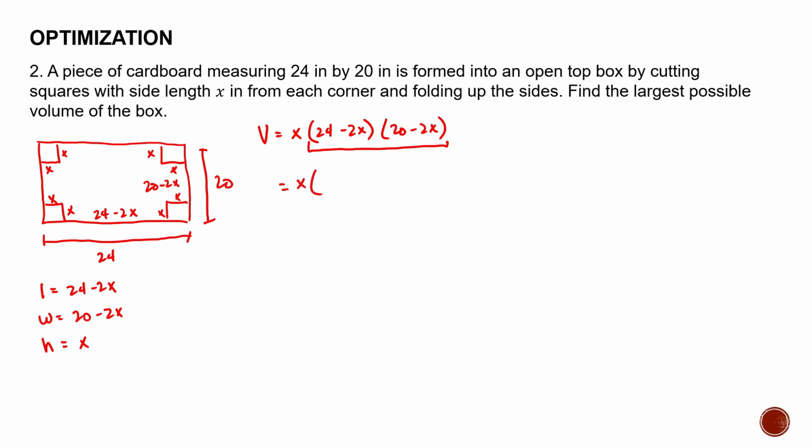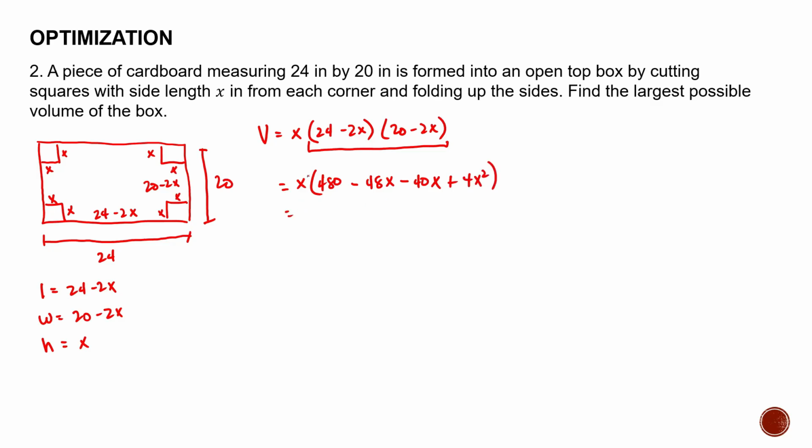So 24 times 20 is equal to 480. And then minus 48x minus 40x. 24 times 2 is 48, 2 times 20 is 40, plus 4x squared.